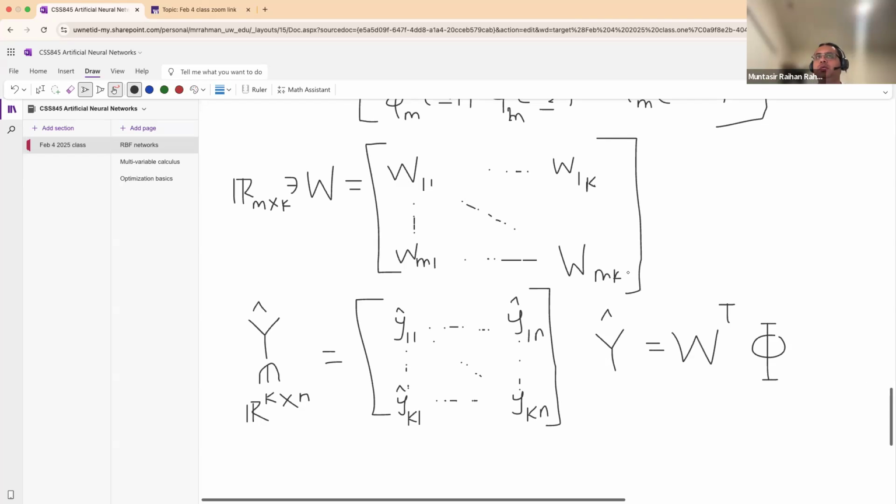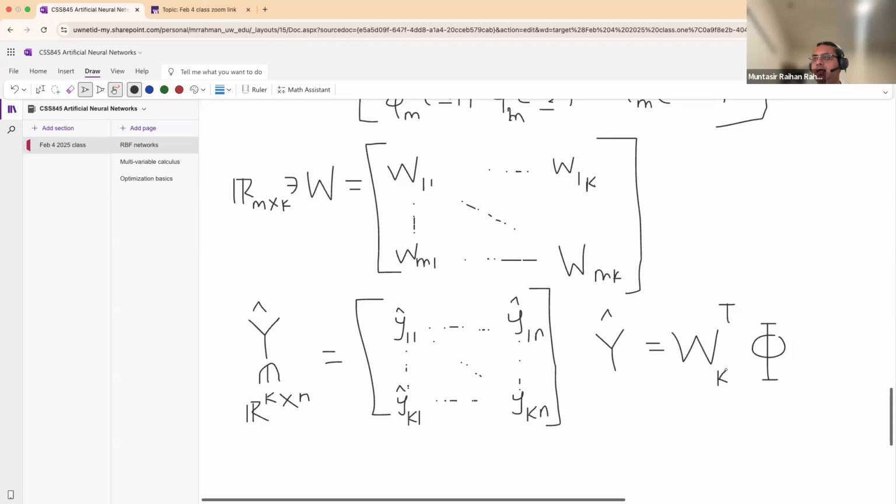So what is the dimension of W transpose? Anyone? W is M by K. So W transpose should be K by M, exactly.